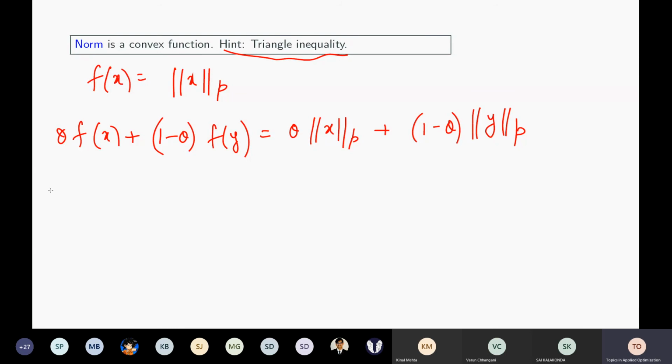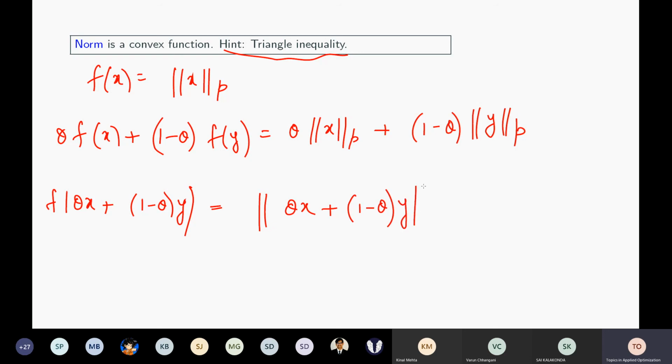So this we leave here, and let us check the other way around. The other way around is f of theta x plus 1 minus theta y, so this is the p norm of theta x plus 1 minus theta y. Now we will apply the triangle inequality.